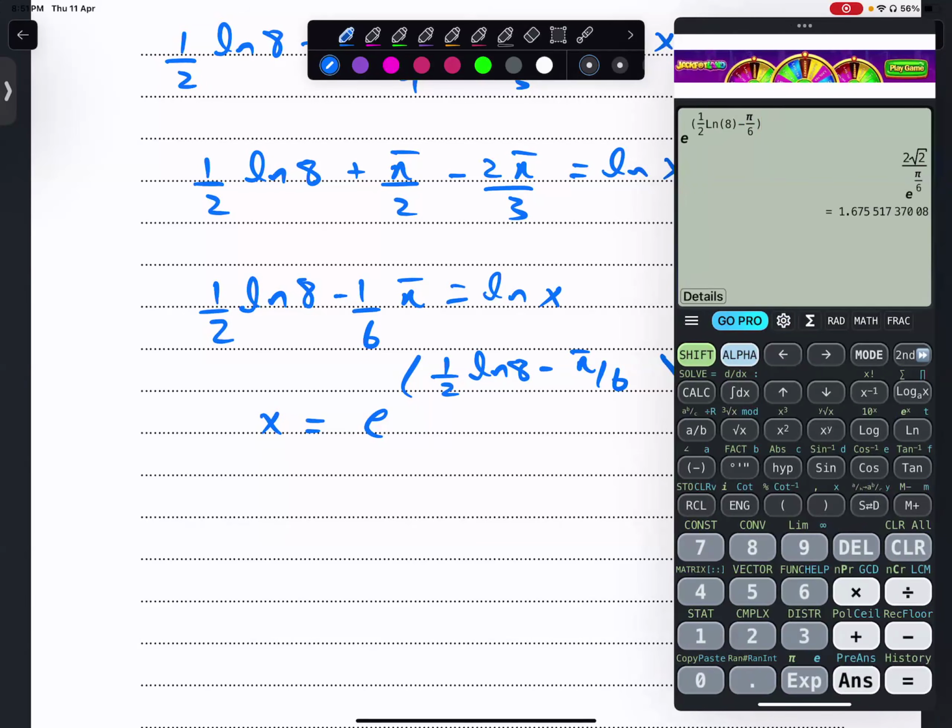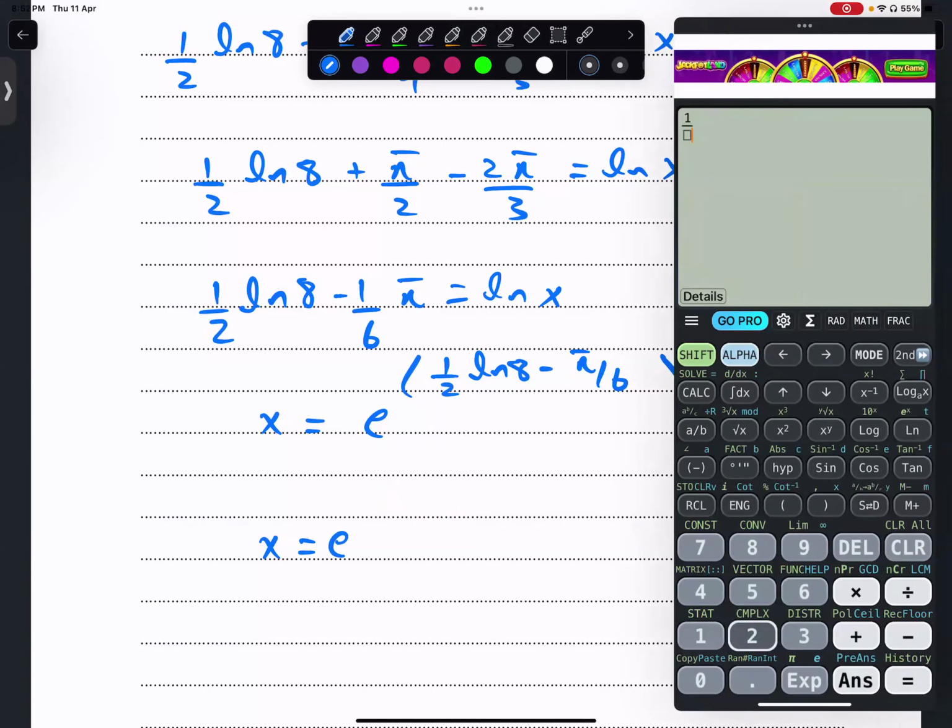I think it is e raised to power, I don't know, x is equal to e raised to power 2 root 2 over pi by 6. I don't know.